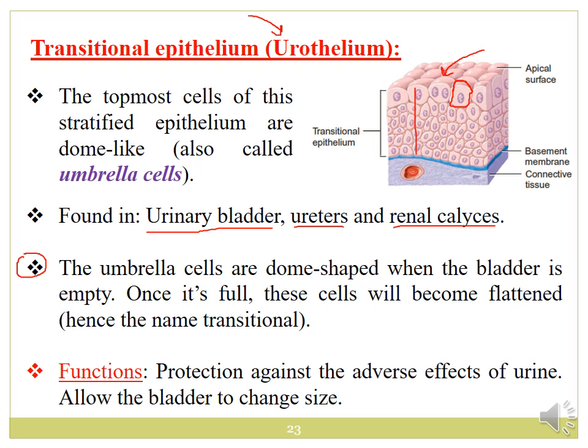Once it is full, these cells will become flattened. They will stretch out with the wall and become flattened. So the shape of the topmost cells will change. This is why it is called transitional epithelium. The function of this epithelium is protection against the adverse effects of urine and allowing the bladder to change size.